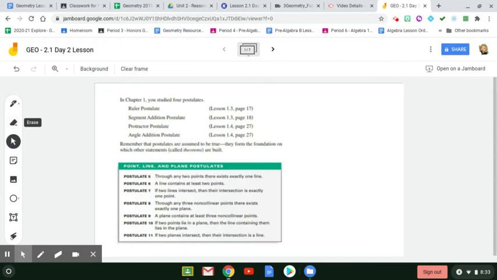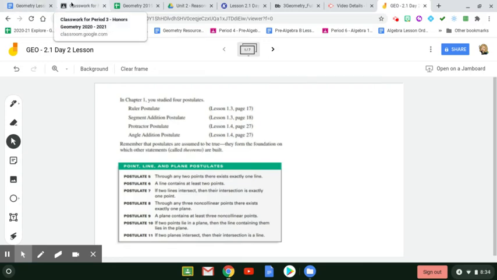Postulate 9 states a plane contains at least three non-collinear points. Postulate 10 states if 2 points lie in a plane, then the line containing them lies in the plane. And postulate 11 states if two planes intersect, then their intersection is a line. We did touch briefly upon those as well in chapter one.